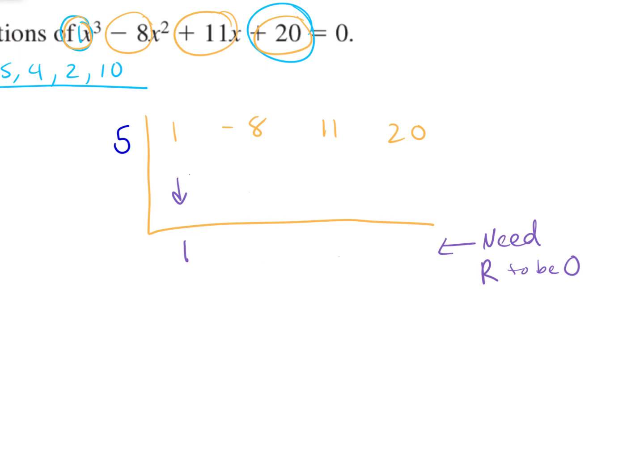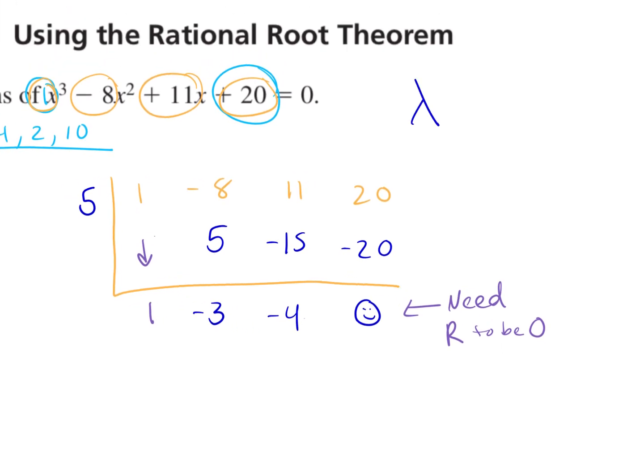Let's try 5. So we multiply, add, multiply, add, multiply, add. We get our remainder as 0. So does 5 work? Yes. So one of our solutions is x is equal to 5. That's just one. Now we need to find the other ones.